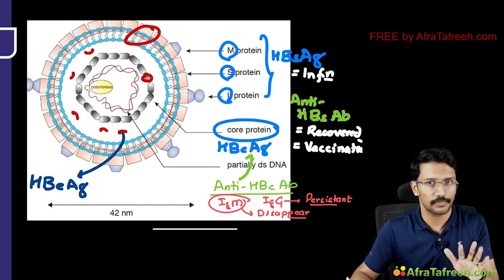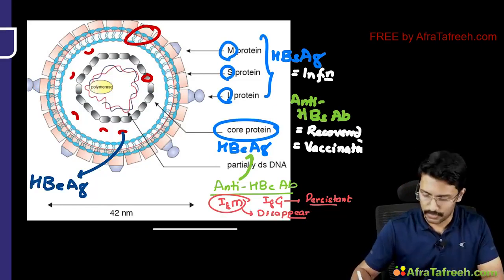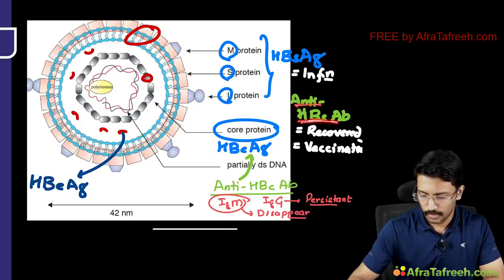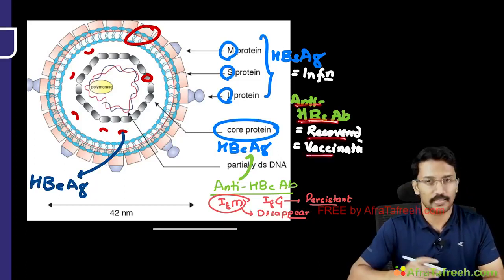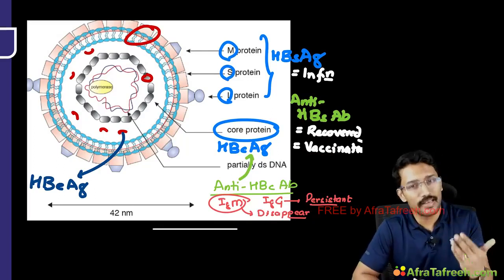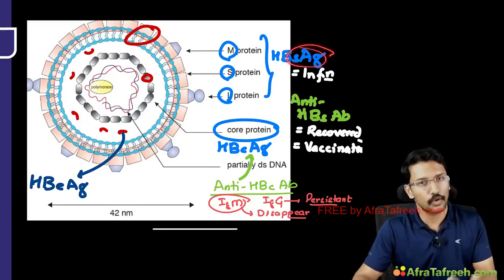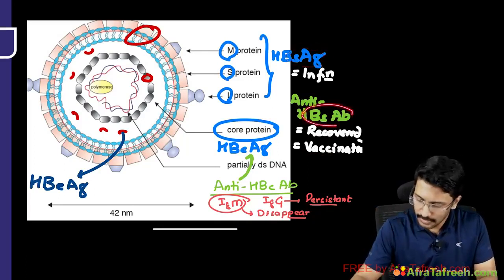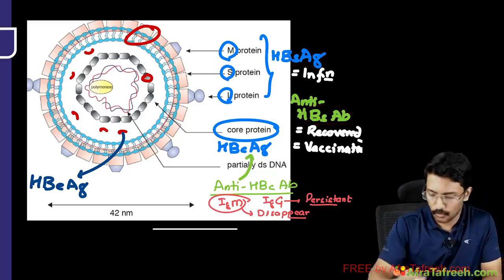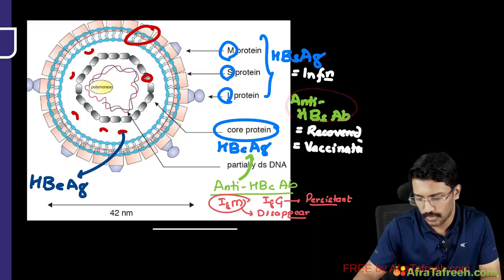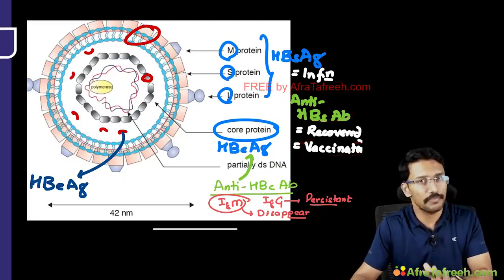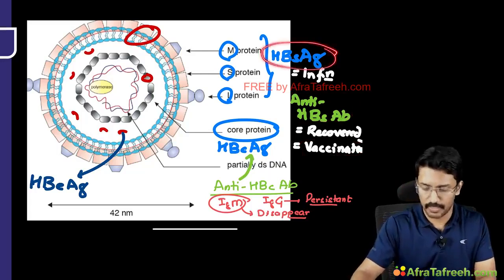That point is clear. Okay, now coming to the question of anti-HBs positive patients who have recovered versus vaccinated, right? So if it is a vaccinated case, we are only administering the surface antigen. So obviously we'll only have anti-surface antigen antibodies. So if patient has only anti-HBs positive, it is mostly a vaccinated case. But someone who has got infected and recovered, HBsAg will be negative, right?